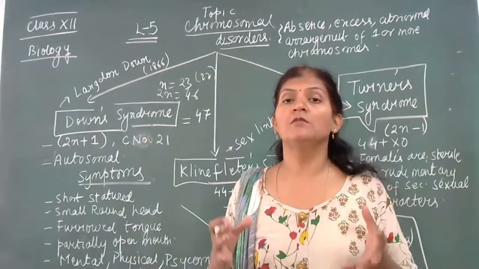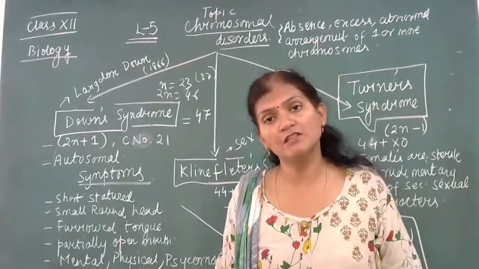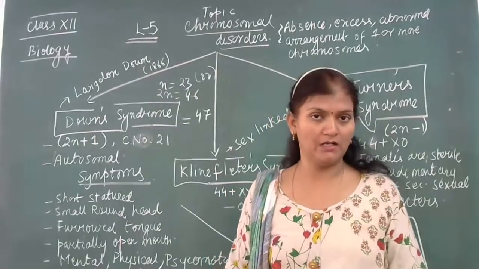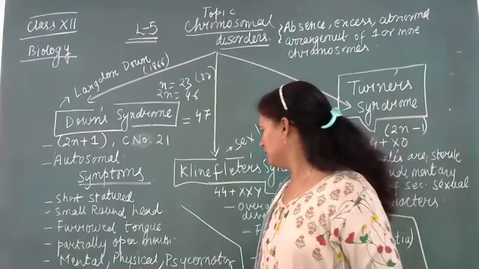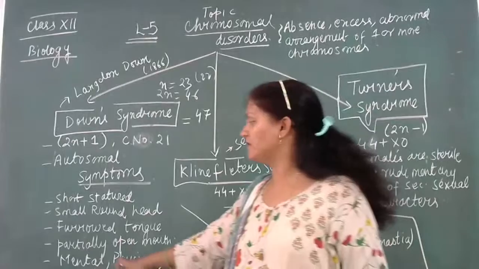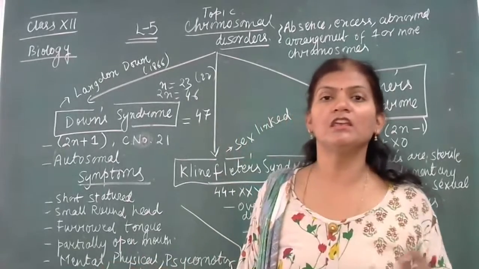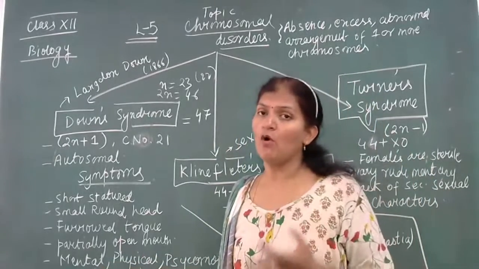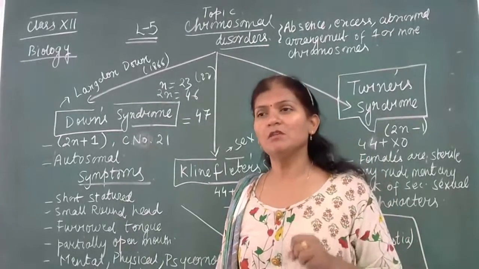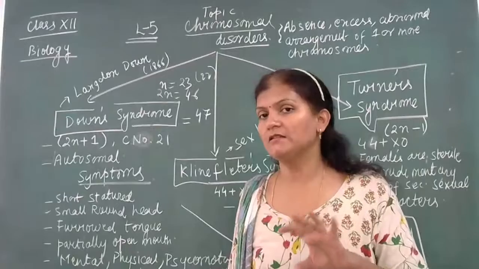The child who is suffering from the disease will not be able to perform any activity accurately. The mental and physical development will be retarded, and mental development means the logical thinking. The child will have very less logical thinking. So it means that the child is mentally retarded.